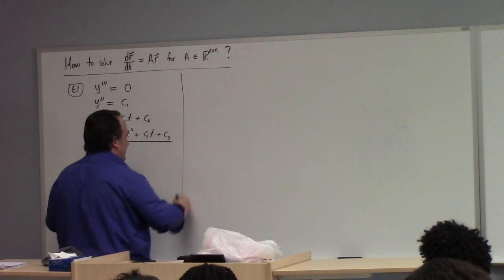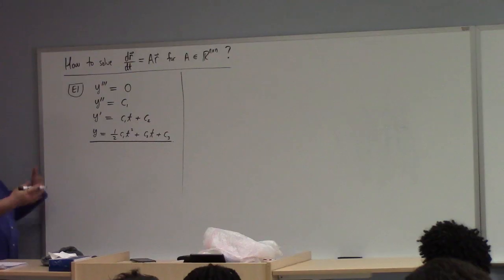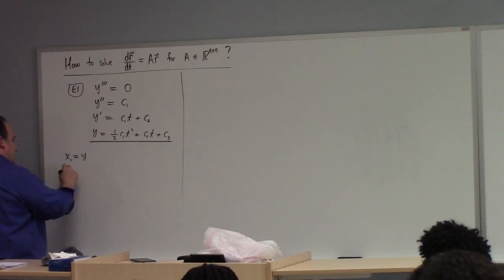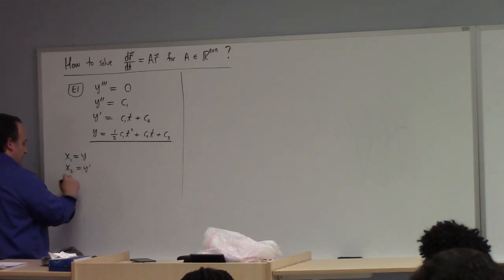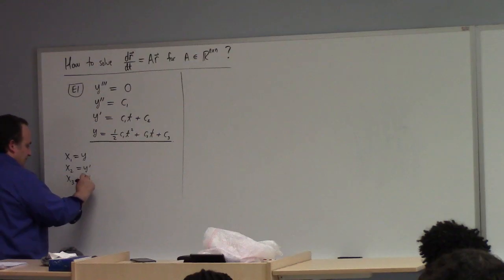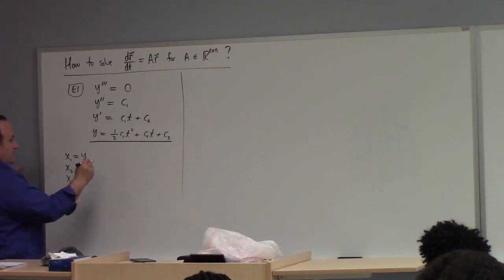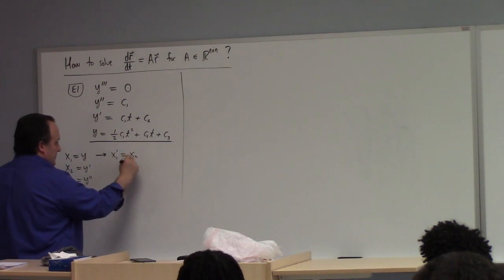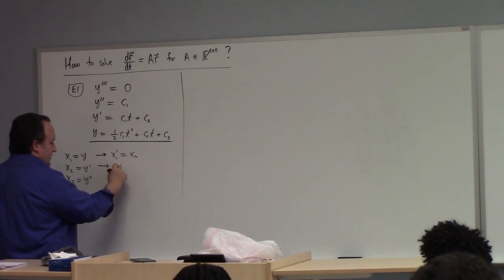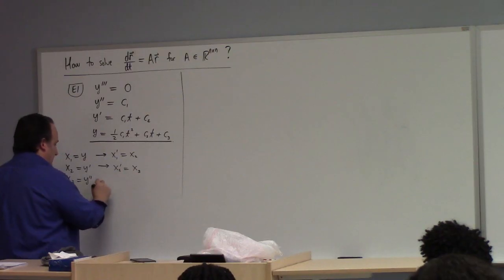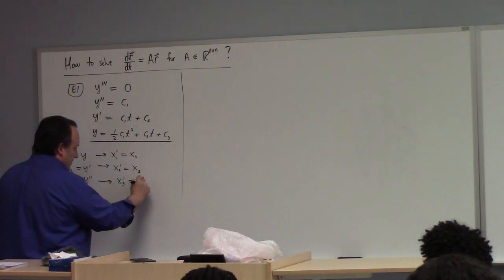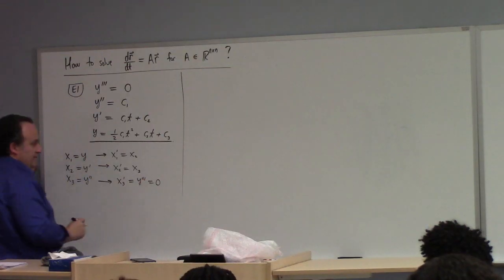Remember, we can trade the given problem using reduction of order for a system of 3 differential equations, right? We can let x1 equal y, x2 equal y', x3 equal y''. In view of this, we have x1' is x2, x2' is x3, and x3' is y''', which is also known as 0, right?